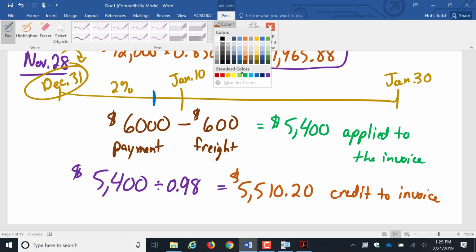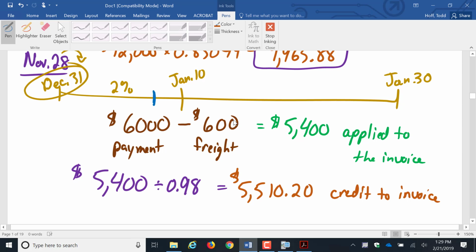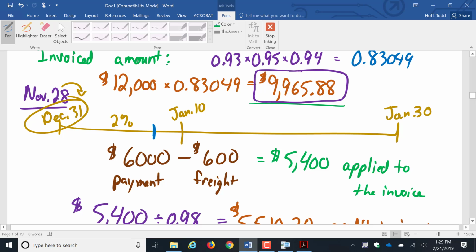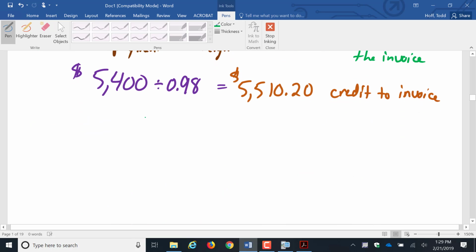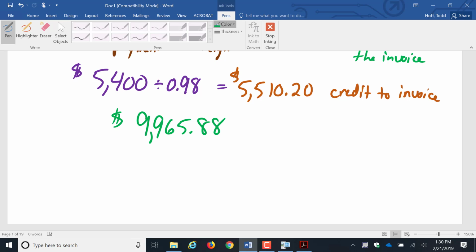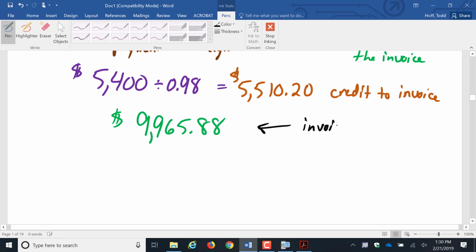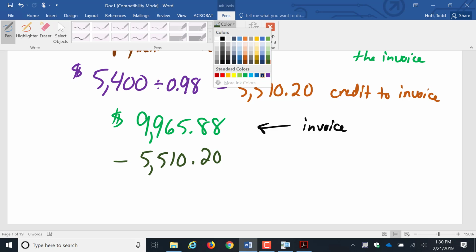So now let's recall our invoiced amount was $9,965.88. That was the invoice amount. We're going to subtract from that $5,510.20.